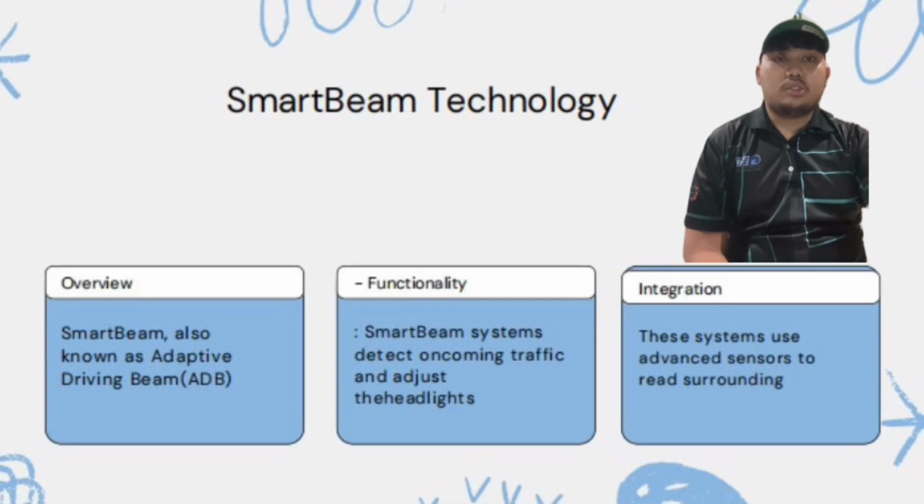Smart beam technology overview. Smart beam, also known as adaptive driving beam, uses sensors and cameras to automatically adjust the headlight beam pattern based on real-time driving conditions. Functionally, the smart beam system detects oncoming traffic and adjusts the headlight to prevent glare while maintaining optimal illumination.